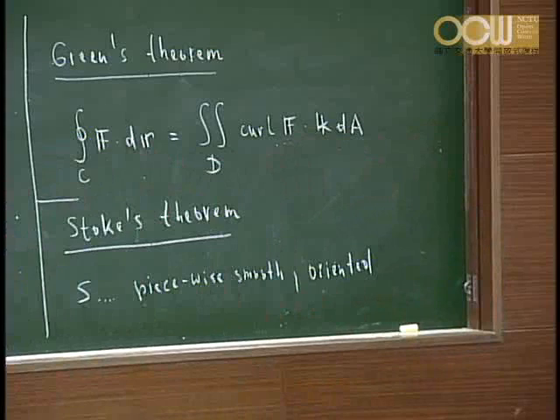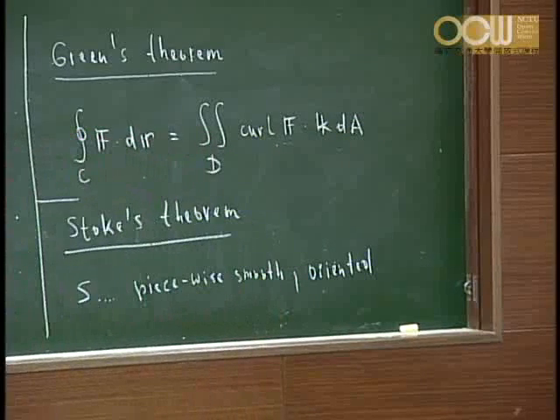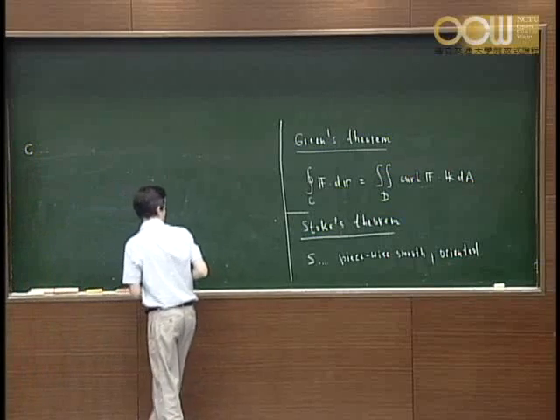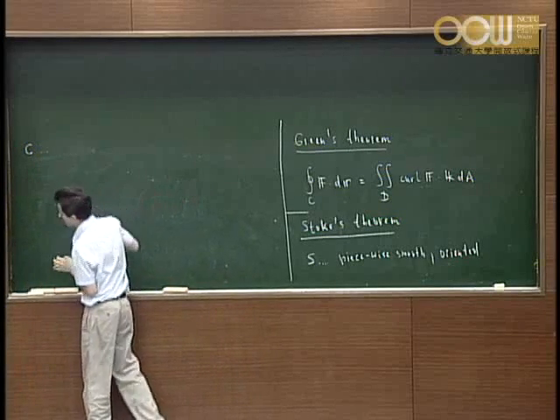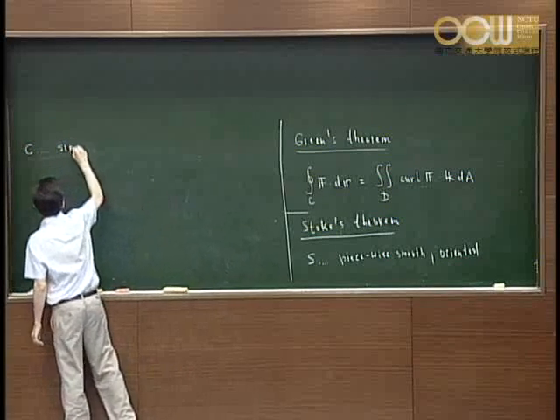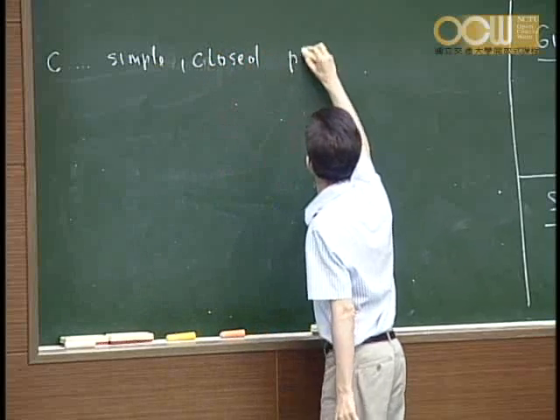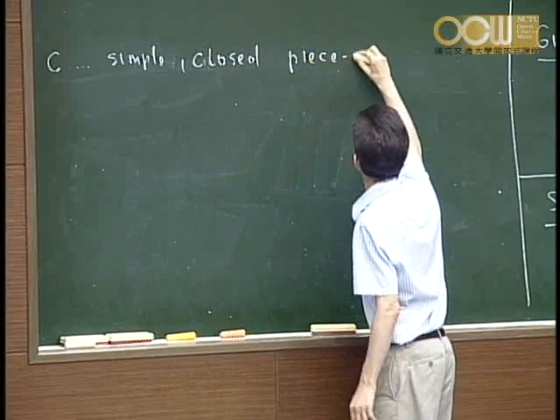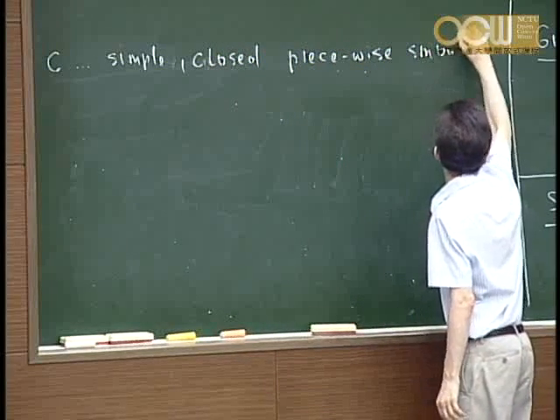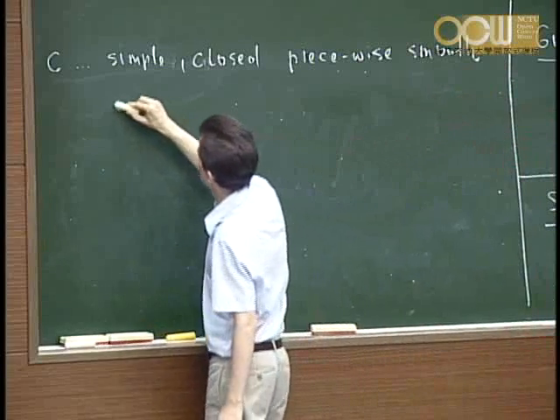Now, we call the boundary of S C. We assume that the boundary of S is simple, piecewise smooth, and this I have to explain in a minute.